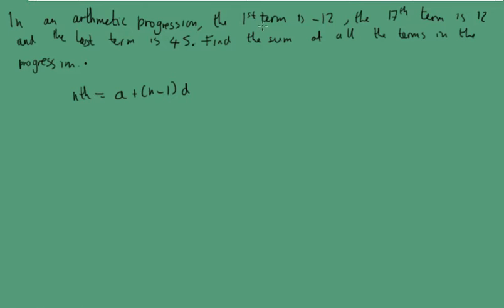So we know that the first term is minus 12, and the 17th term is 12. So n is 17 and that is 12, and 17 minus 1 is 16, and then that's d. So d must be 3 over 2.